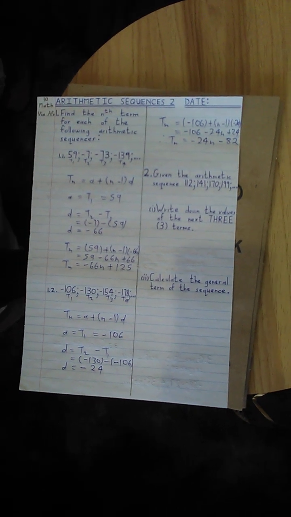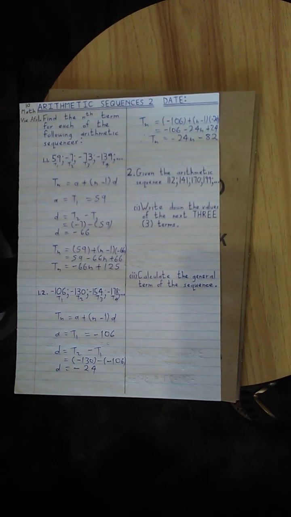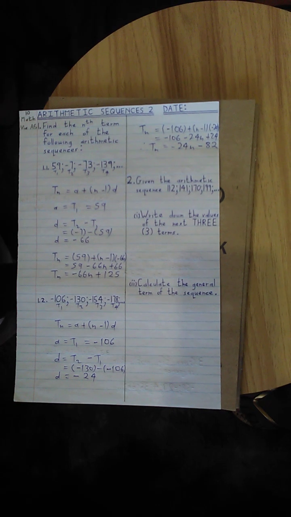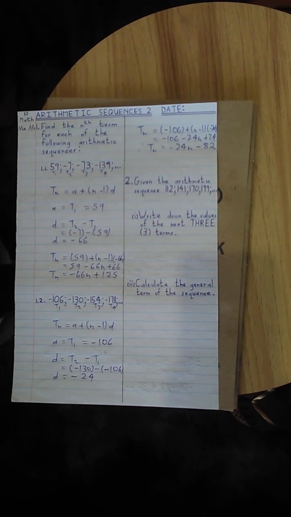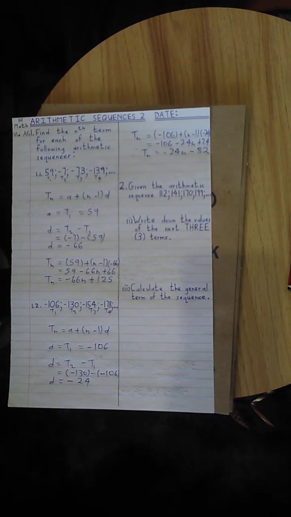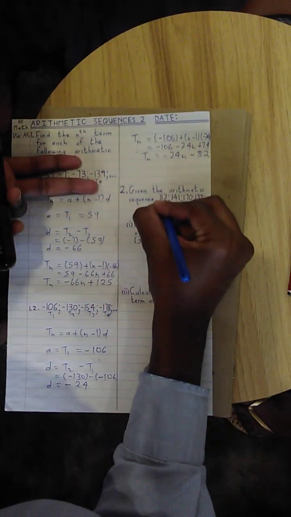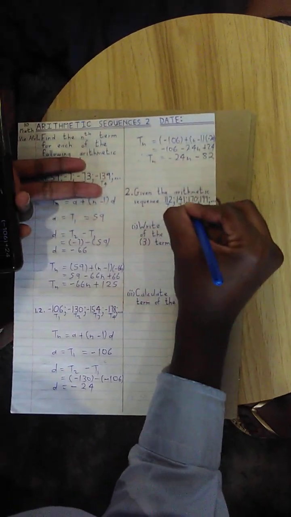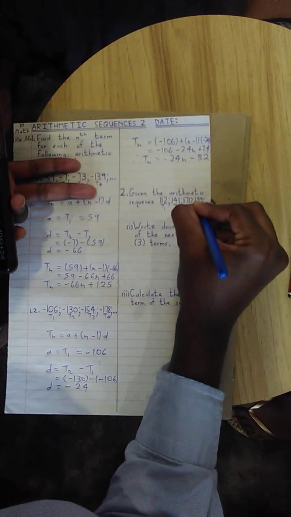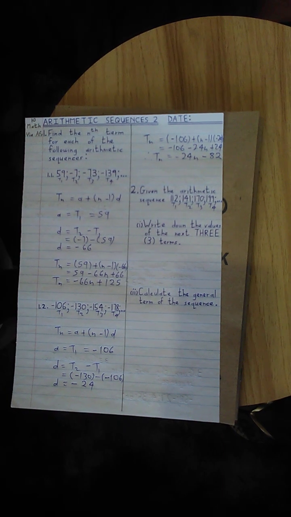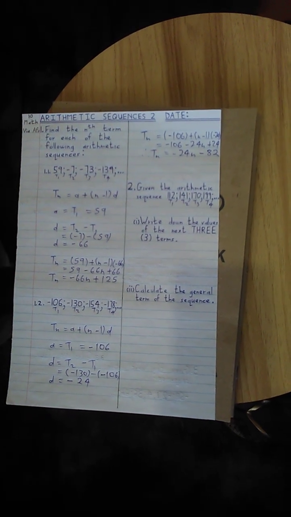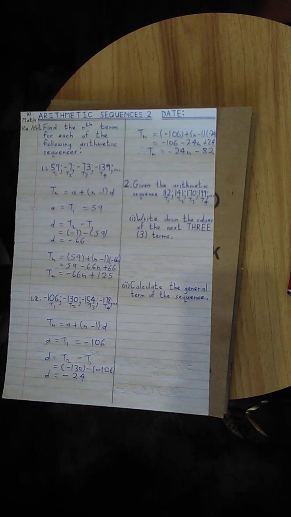And then number 2 states, given the arithmetic sequence, we have 112 and then 141 and then 170 and then 199. So let's label them T1, T2, T3, T4. Roman numeral number 1 states, write down the next 3 terms.